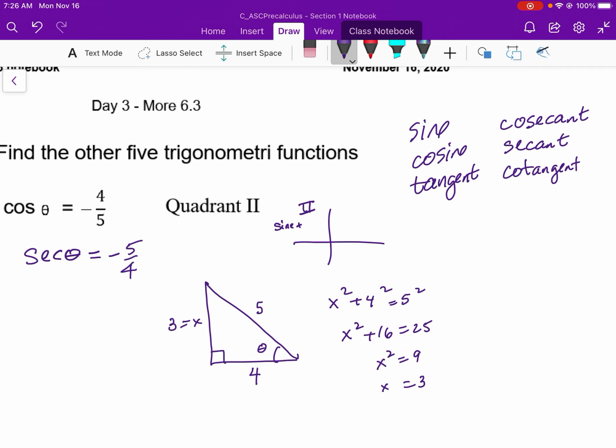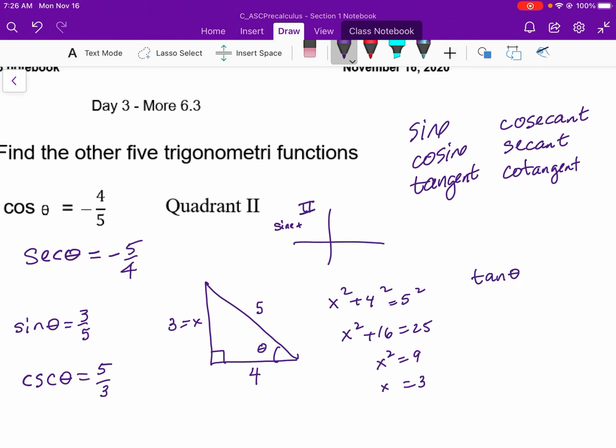So from this triangle, I can find the fractions. The sine of theta, opposite over hypotenuse, is 3/5. It's going to be positive because it's in quadrant 2. Lucky me. Then the cosecant, which is the reciprocal of that, is also positive, so it's 5/3.